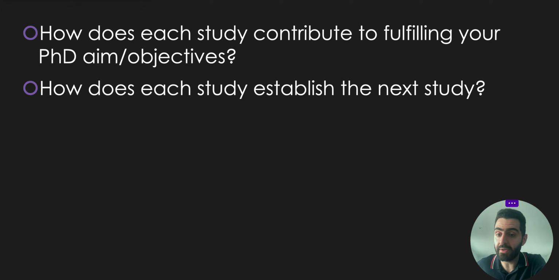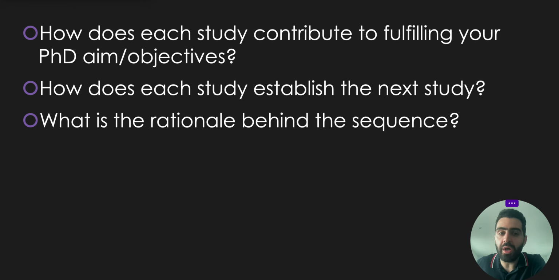Therefore, we needed to conduct some qualitative research, let's say. So study 2 was qualitative. We found all these insightful findings, but we wanted to make findings more generalizable in a larger sample size. Hence, that led us to study 3, which was a quantitative study. You see where I'm going with this. You have to make it clear all throughout your thesis how each individual study established the next one.